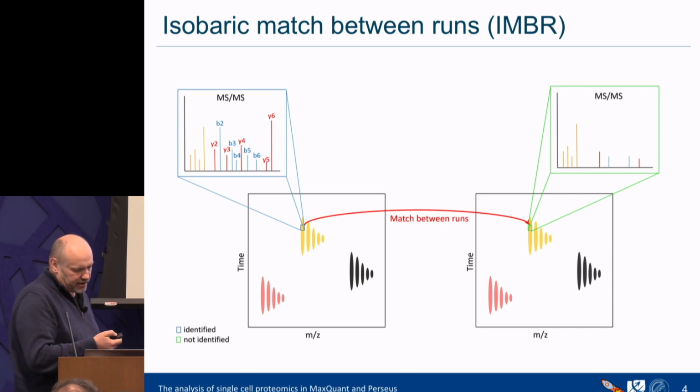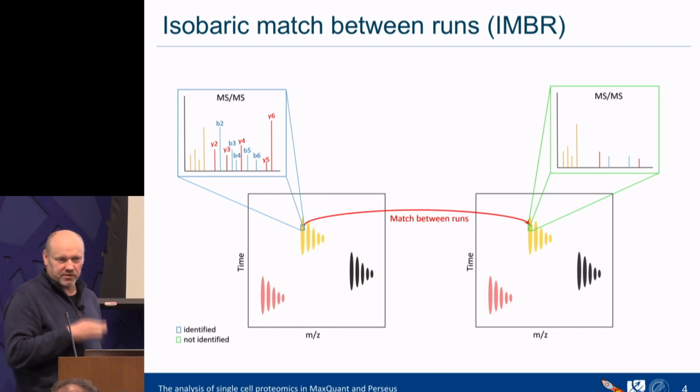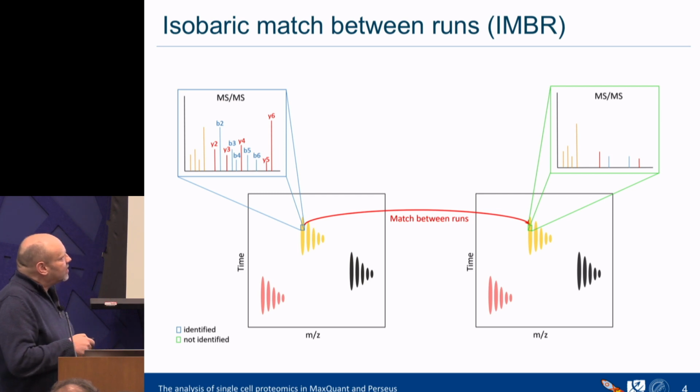And so basically by using this match between runs after feature alignment, so that's actually important, you first do retention time alignment so that you can actually compare retention times between runs. That's of course in MaxQuant already for ages and quite established and working well. So after retention time alignment, also mass recalibration.